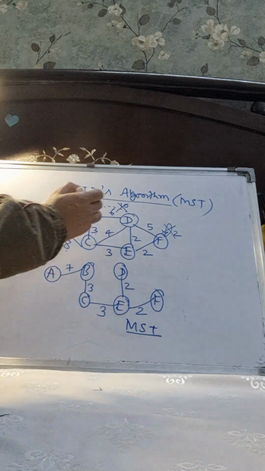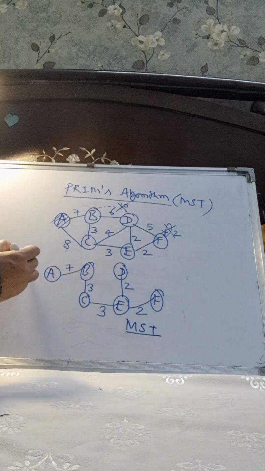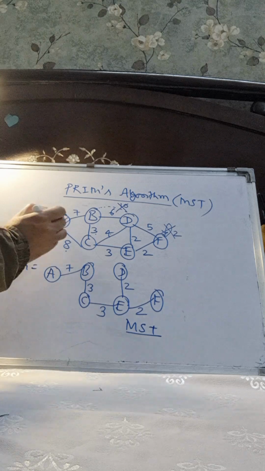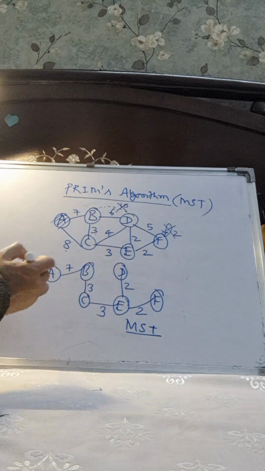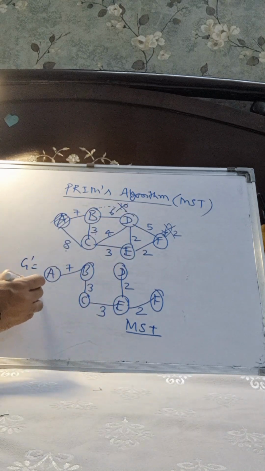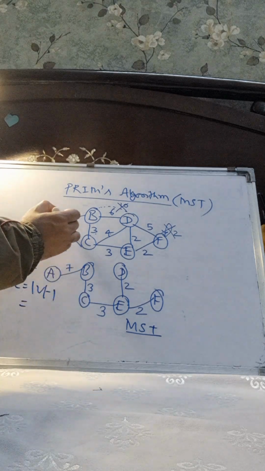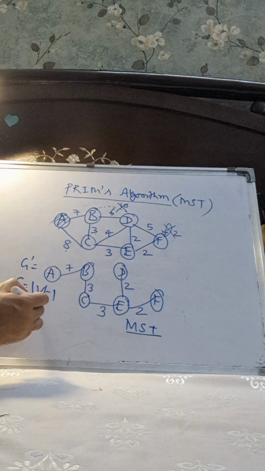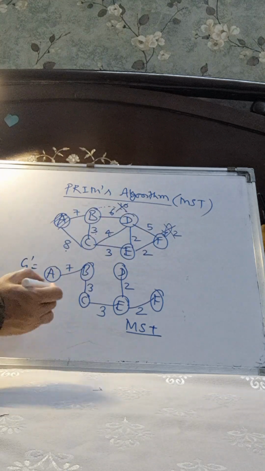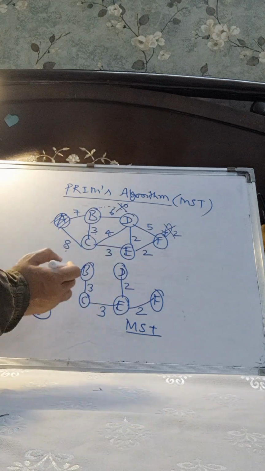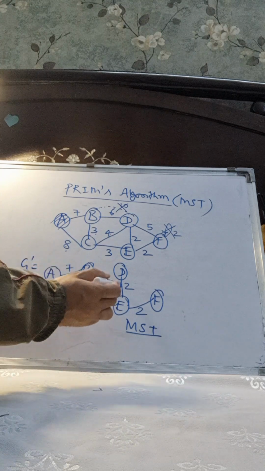Why? Because it contains all the vertices in G dash: A, B, C, D, E, F. And how many edges must it have? It must have the number of vertices minus 1. In the given graph, 6 vertices were there, so we should have 5 edges in our minimum cost spanning tree: 1, 2, 3, 4, 5.